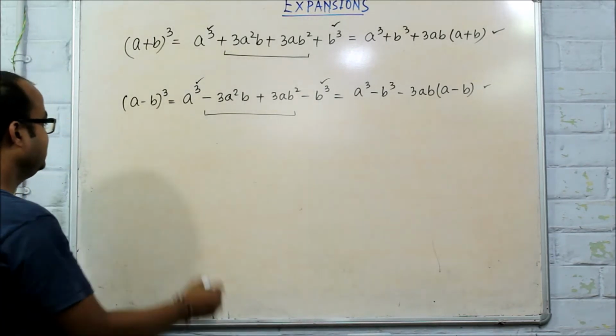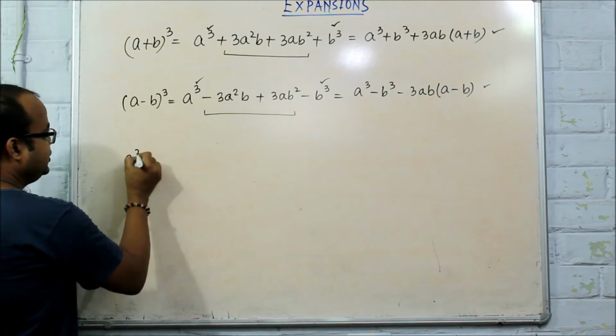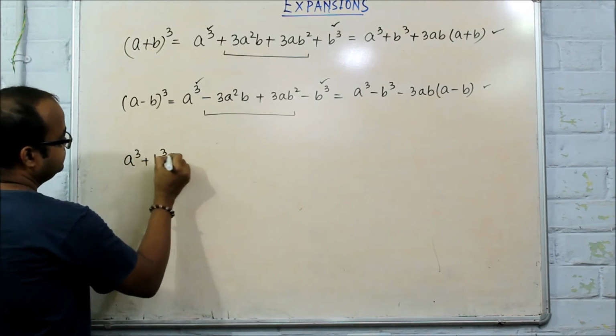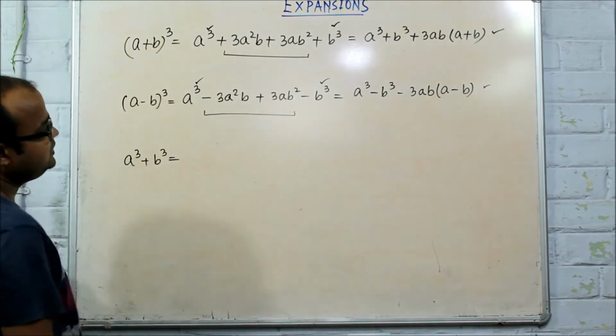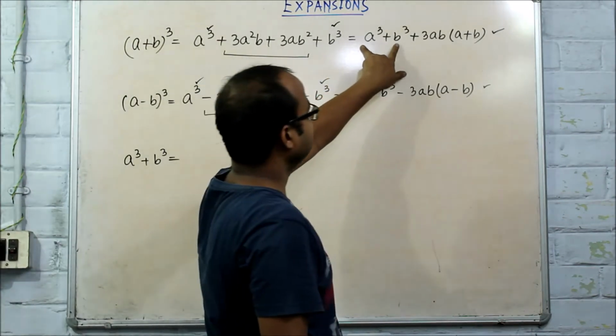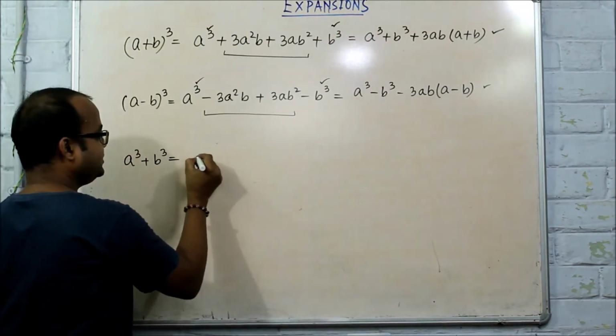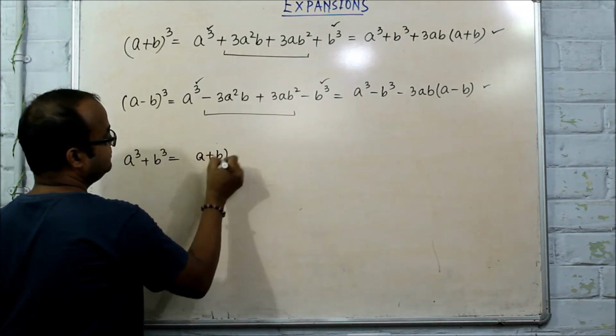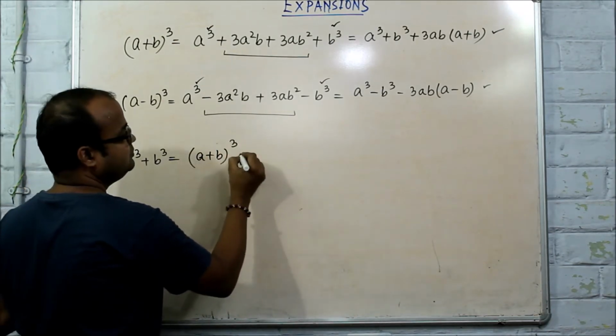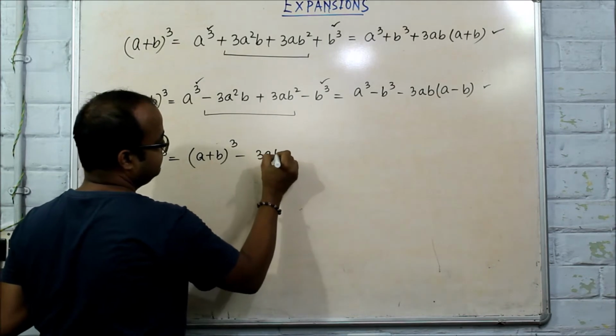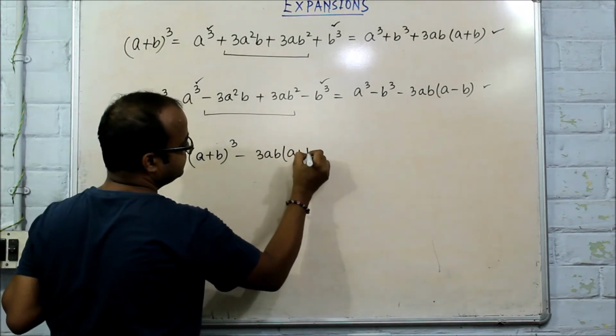Next is the formula of a cube plus b cube. Now, if I keep these two terms on this side and bring this term on the other side, what you will get is (a + b) whole cube minus 3ab into (a + b).